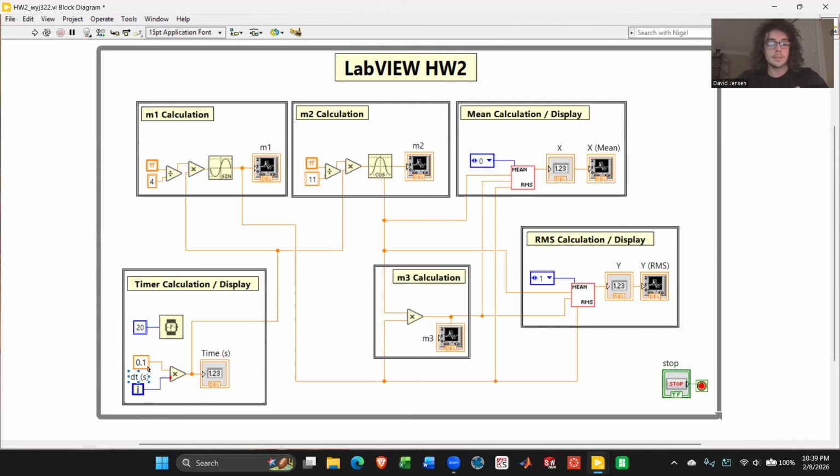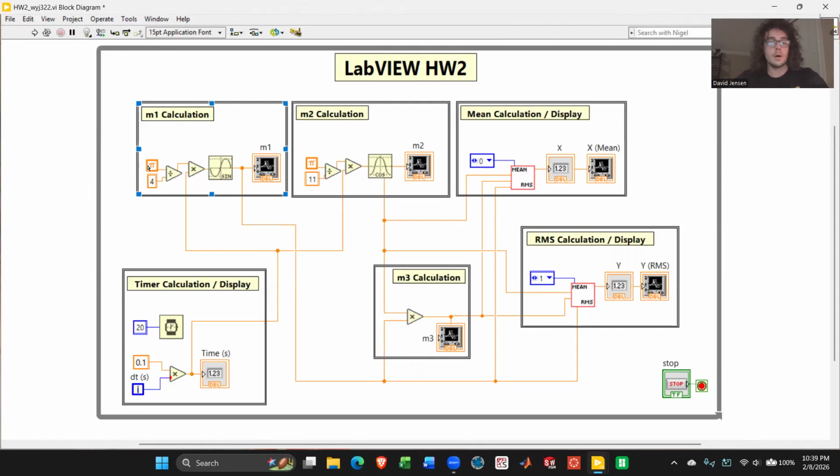It multiplies this time step by the iteration, which counts up with each iteration. That time is then sent to an indicator and shown on the front panel, as well as supplied as an input to our M1 calculation, as well as our M2 calculation.